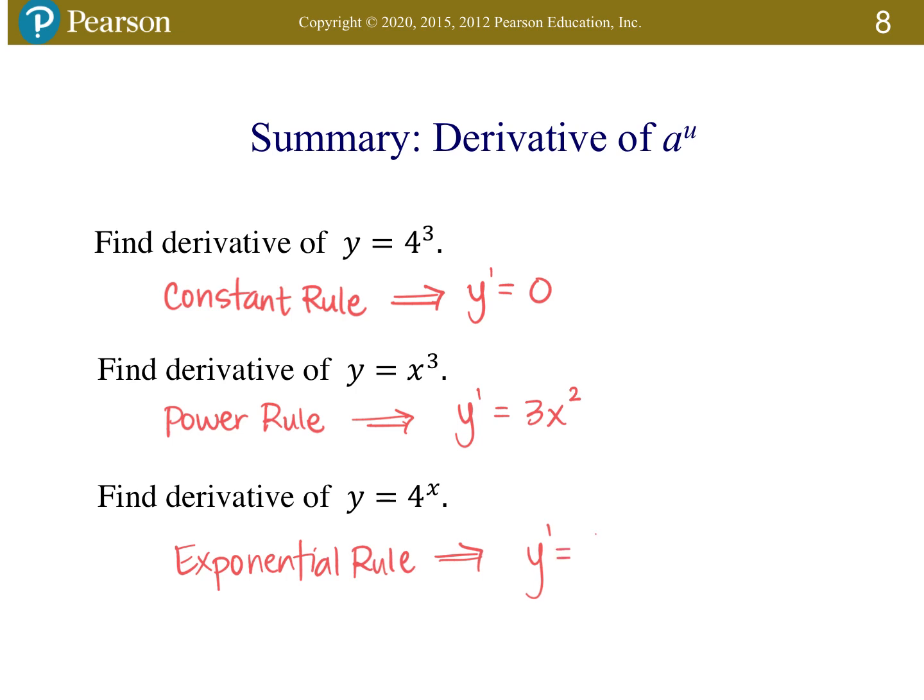So then y prime has 3 parts to it. And we would see that it would start with 4 to the x. It would then be the natural log of 4. And then I would finish with the chain rule of 1.